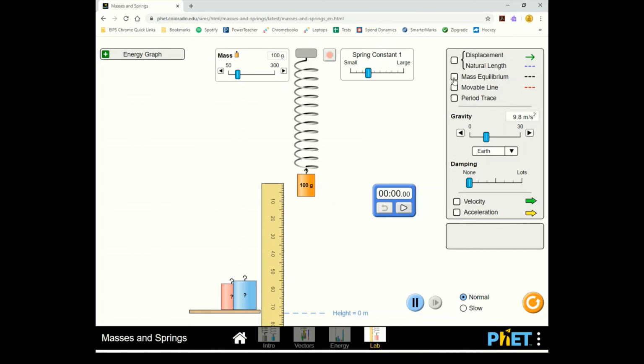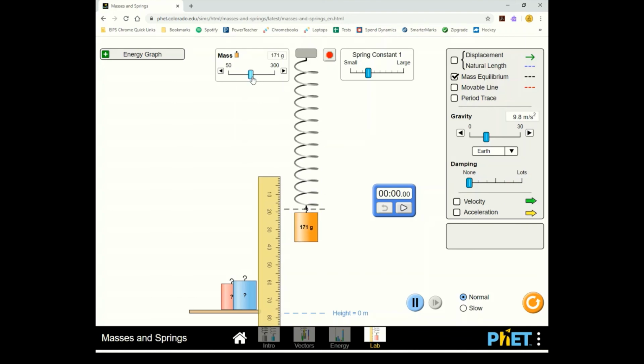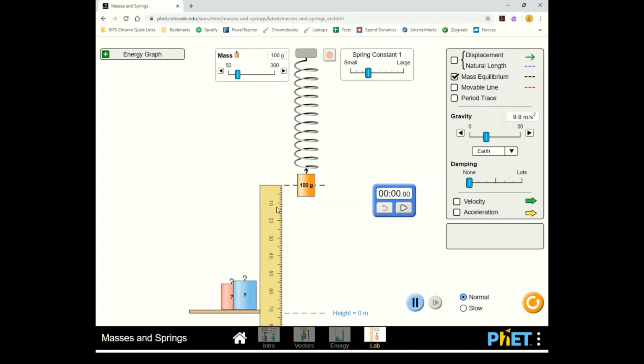So this shows the mass equilibrium, and if I put on a heavier mass, you can see that it changes the equilibrium point. So we always want to make sure that our measurements, our amplitude, how far we pull it down, is always from that equilibrium point there. And we'll start off with Earth gravity, and let's pull it down 20 centimeters for an amplitude.